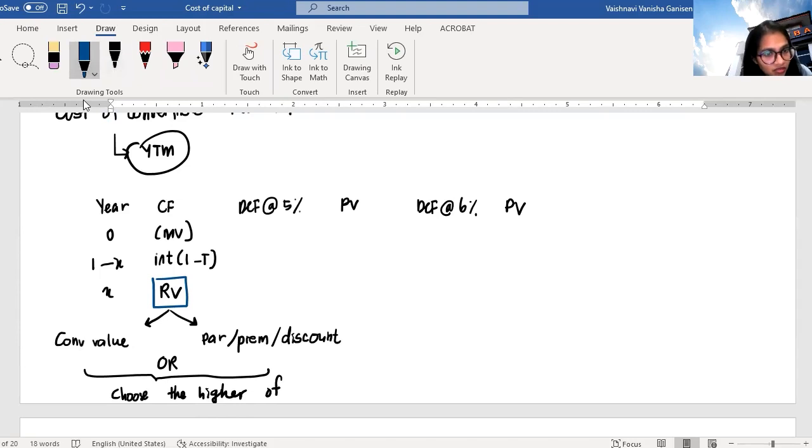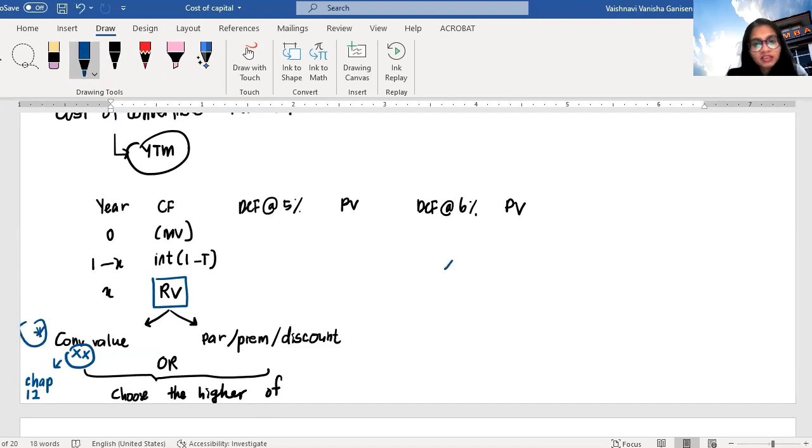So guys, conversion value is something that we have covered under chapter 12, sources of finance. It's exactly the same, there isn't any difference.